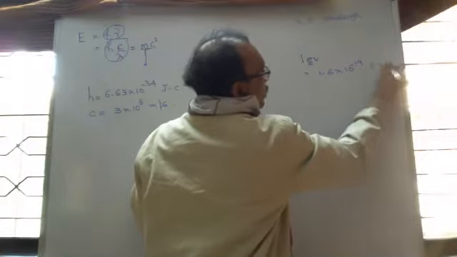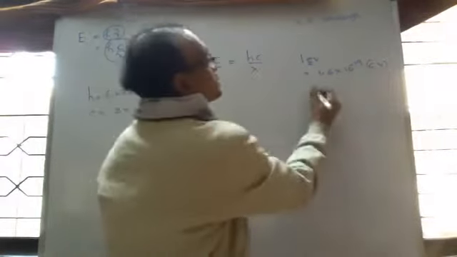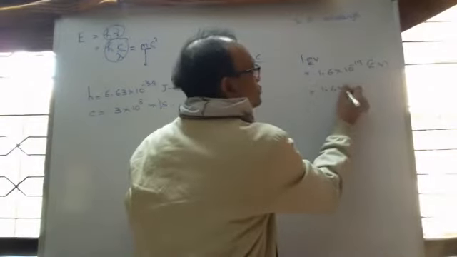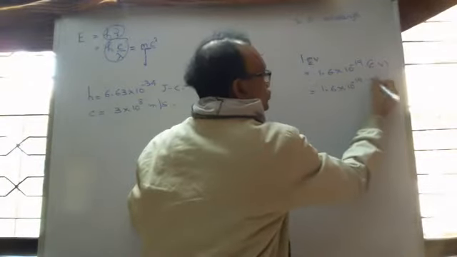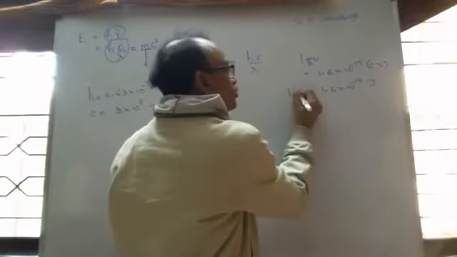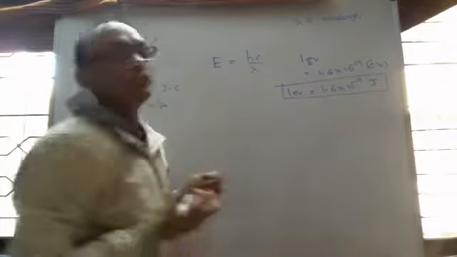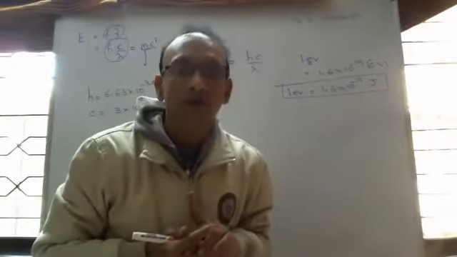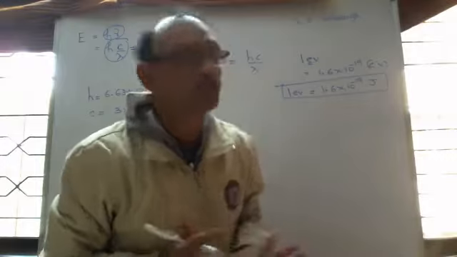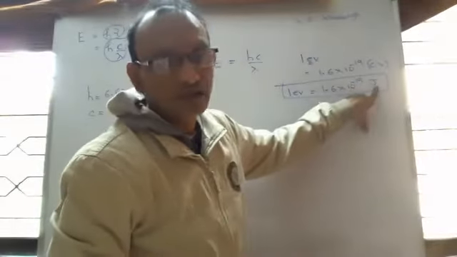Coulombs into volt is joules. QV is joules, right? So this is like 1.6 into 10 to the power minus 19 joules. Electron volt is the unit of energy that we will predominantly look at in modern physics. 1 electron volt is 1.6 into 10 to the power minus 19 joules.